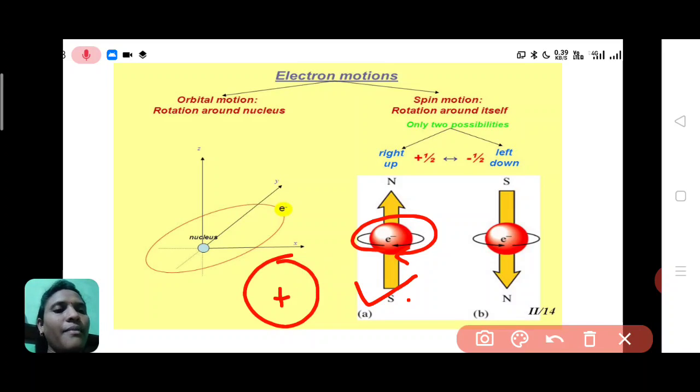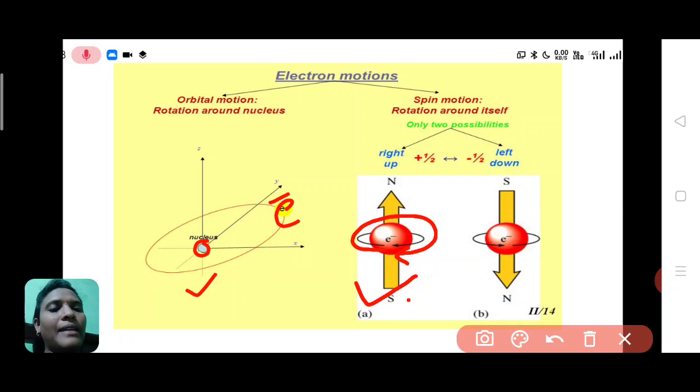See in this picture, this is the central nucleus, and the outer electrons are revolving around the nucleus. This motion is called orbital motion. It is just like the revolution of the earth around the sun.